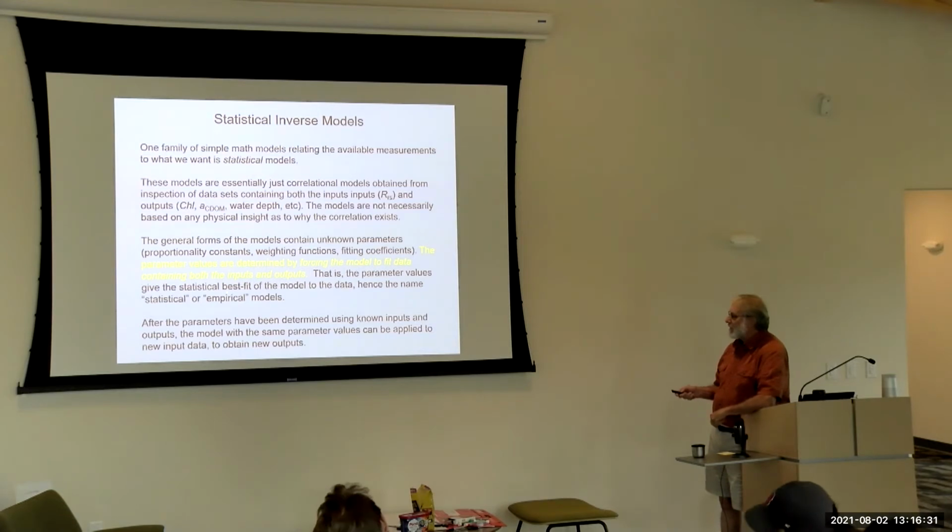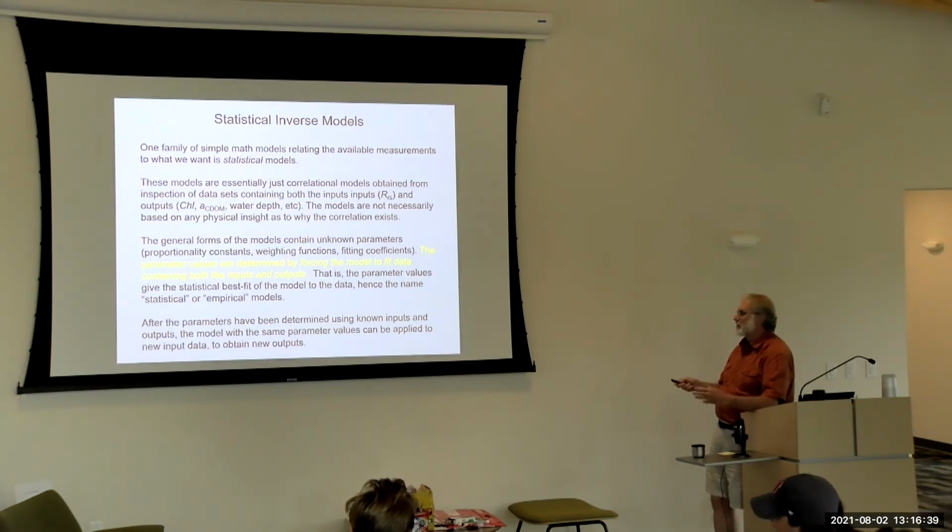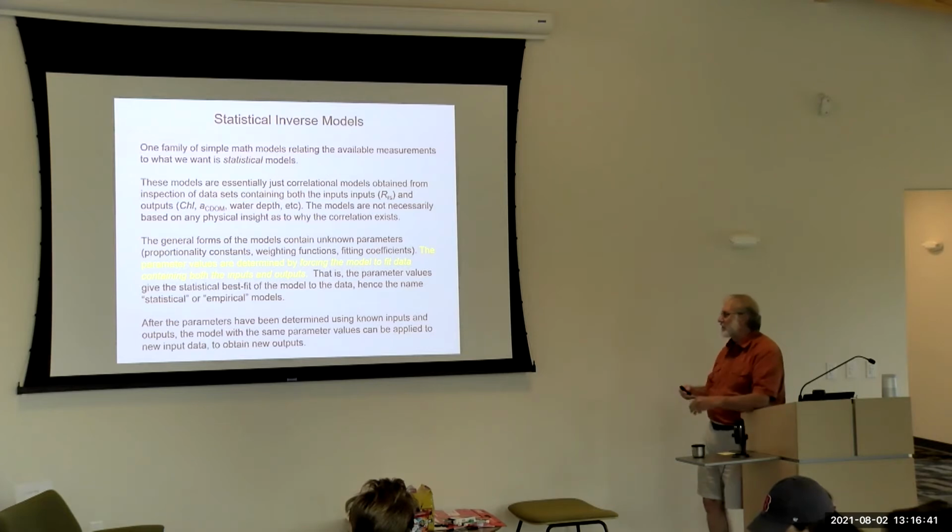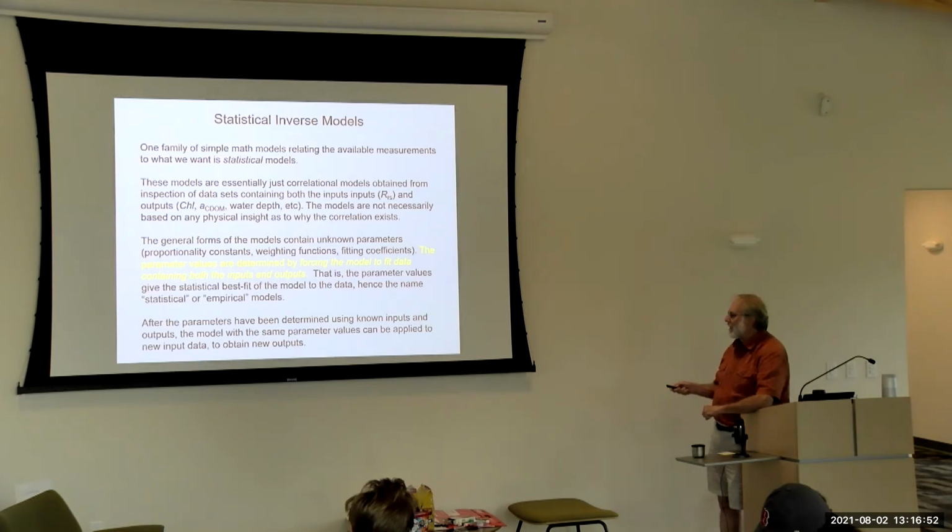So basically, we're going to have some generic sort of model in the mathematics, and it's going to have proportionality constants or weighting functions or fitting coefficients, whatever you want to call them. And we're going to determine those parameter values so that your model will fit the data as well as possible. And so that's where the statistics part comes in.